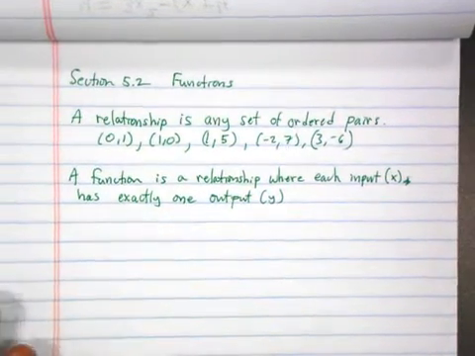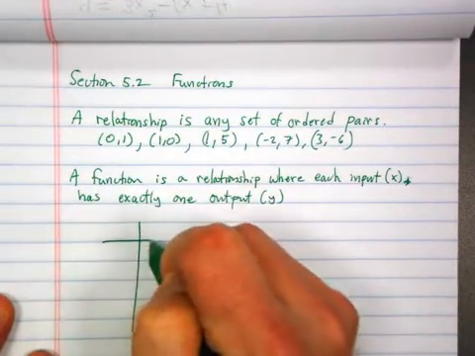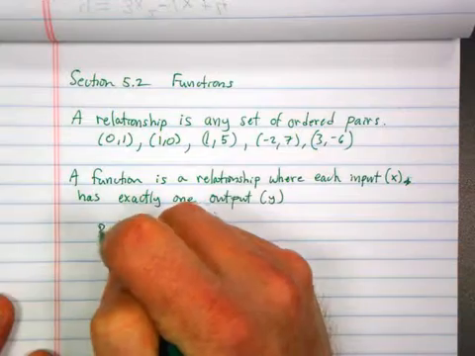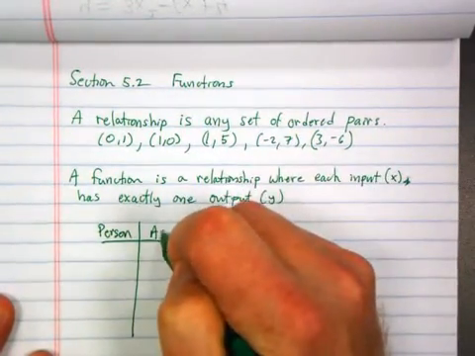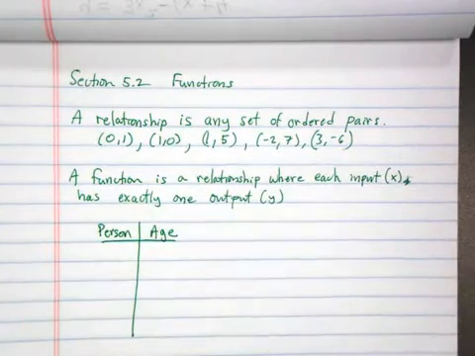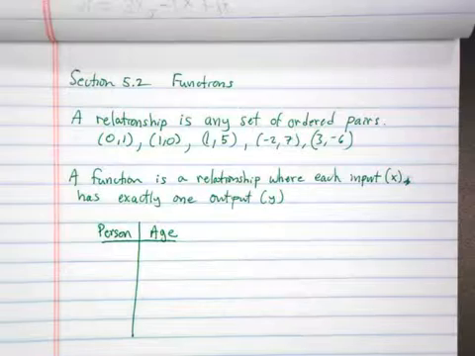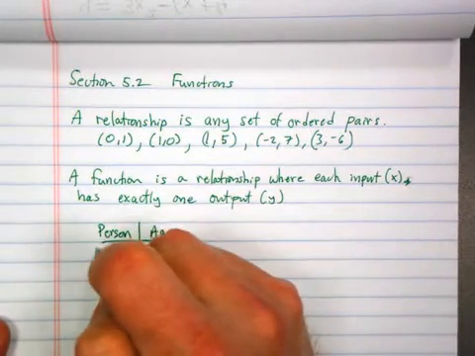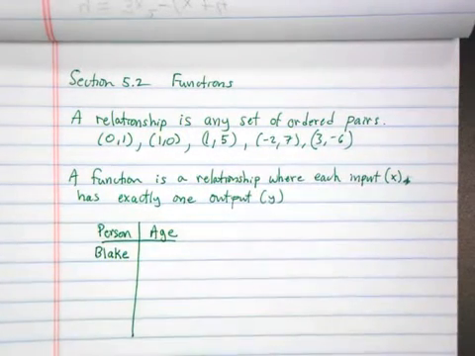All right, I'm going to make up some other functions. My inputs are going to be people, and output is going to be age. So, for example, I might put my son Blake right there.